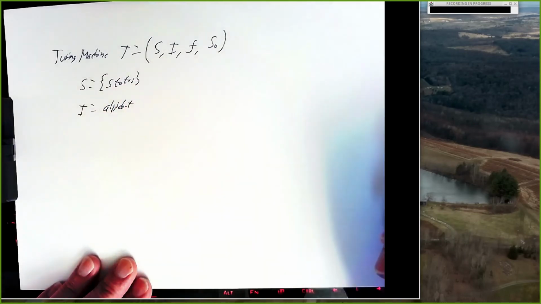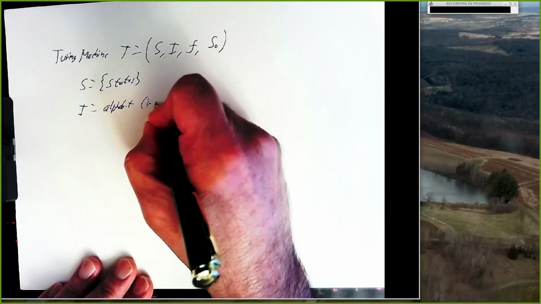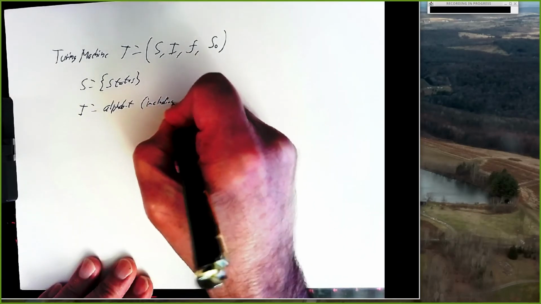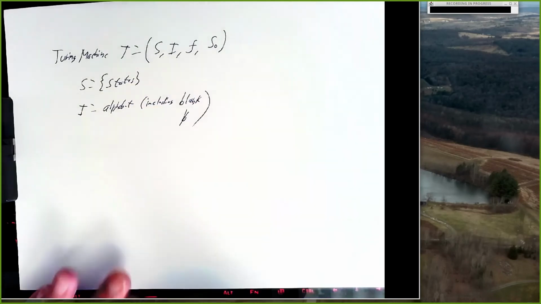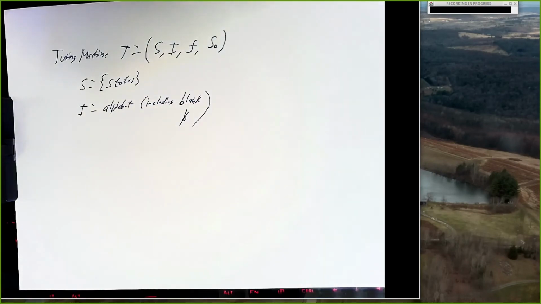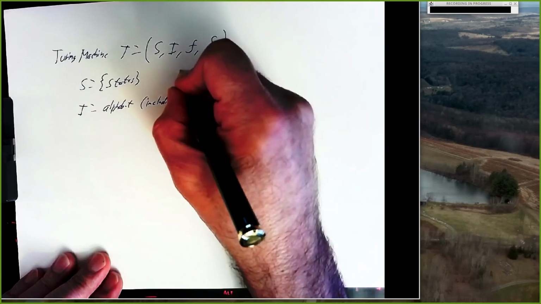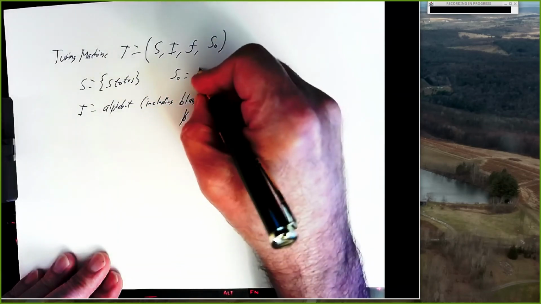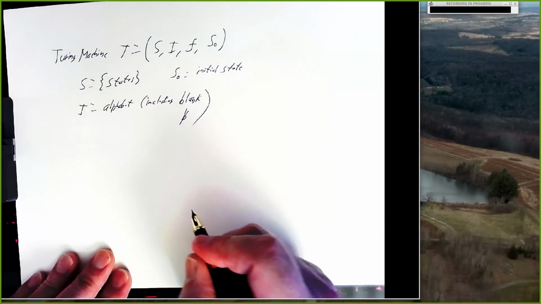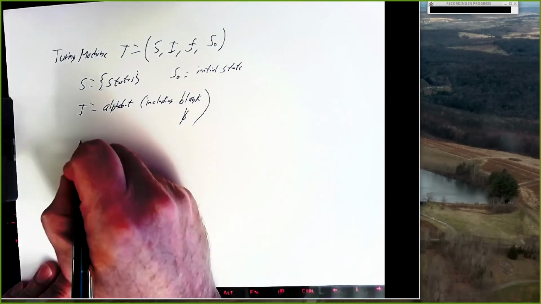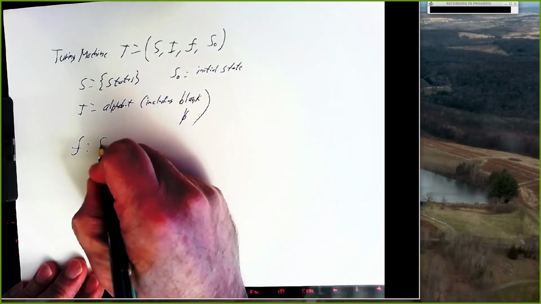I guess I could have called that A for alphabet. And the alphabet is going to include a blank, which I'll just write as a B with a slash through it. S0 is an initial state. And F is a set of rules.